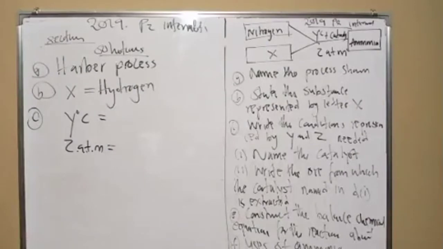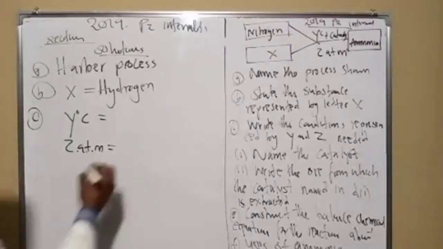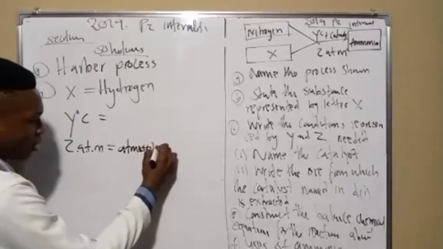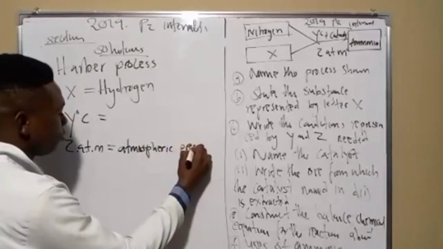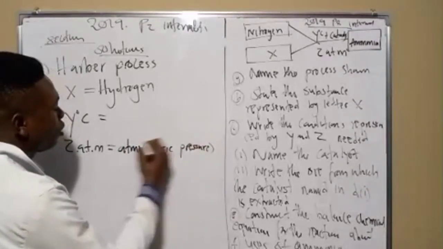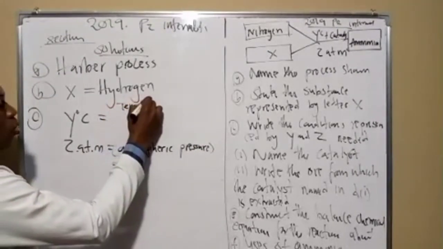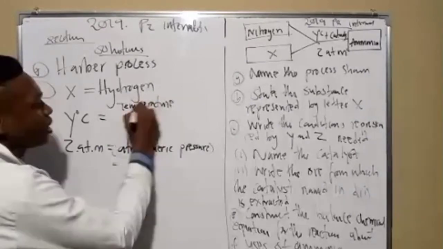Z is the atmospheric pressure. So what is the atmospheric pressure needed? This is the temperature. So what is the temperature needed? These are the conditions of the Haber process.